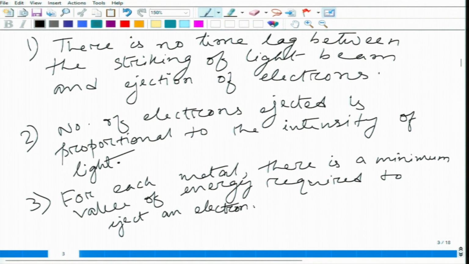Okay, so these factors can be explained as when the light beam strikes on a metal surface, the electrons will be ejected instantly. That is, there will be no time gap between the incidence of the radiation and ejection of electrons. Electrons will be ejected from the metal plate as soon as the light beam strikes on it.